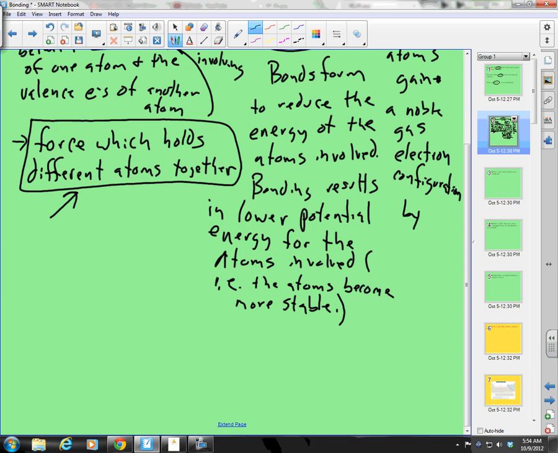By gaining, losing, or transferring, that is transferring or sharing, by gaining, losing, or sharing electrons. Okay, so what's the process?